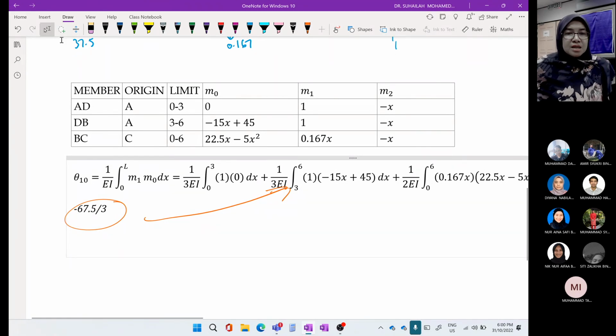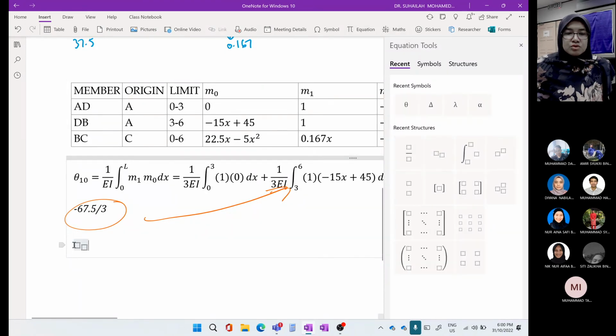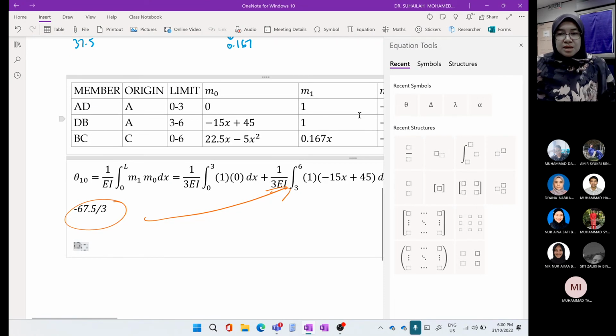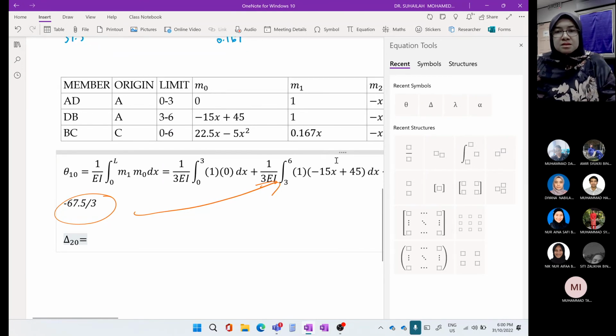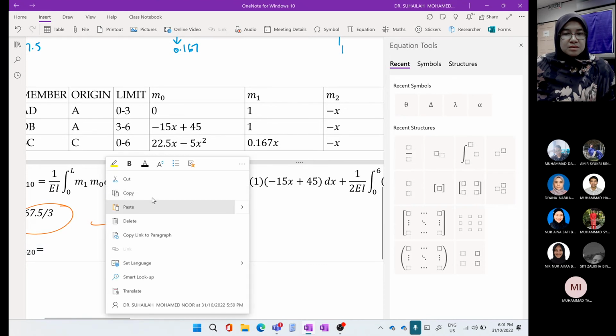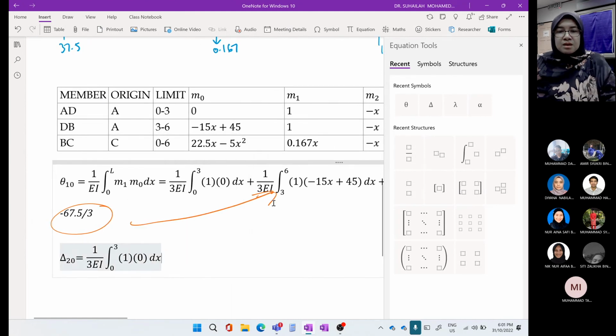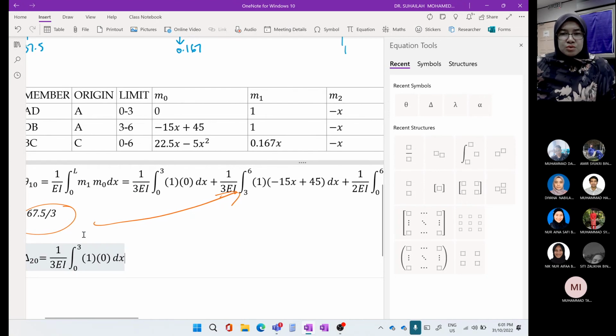Okay, next is delta 2 naught. Delta 2 naught equal to, okay, saya terus tulis equation ya. It is 2 pula.